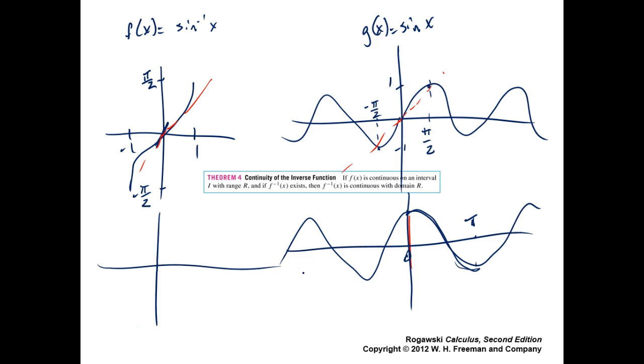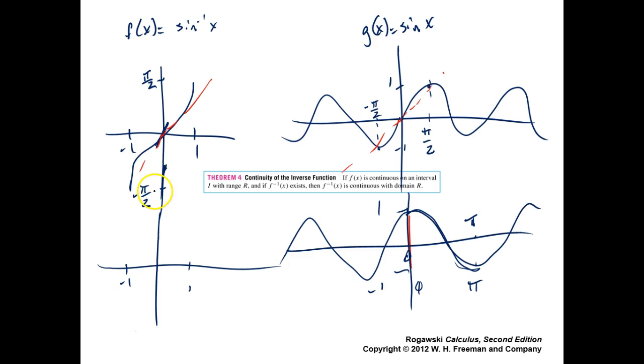Well, whereas here the range is still minus 1 to 1 and the domain is 0 to pi, here you're going to have your domain minus 1 to 1, and your range 0 to pi. Pi would be somewhere up here.